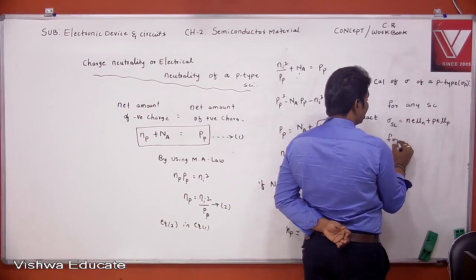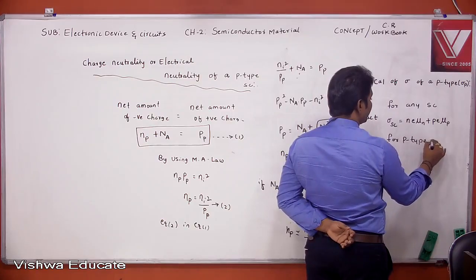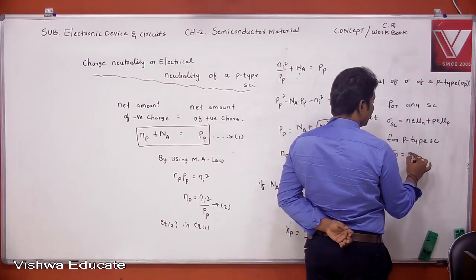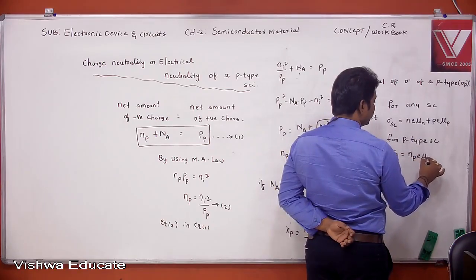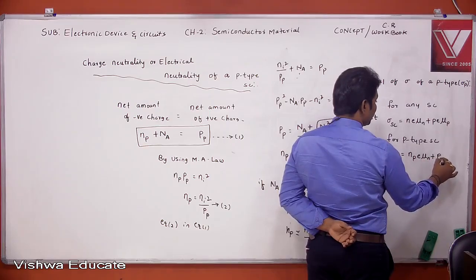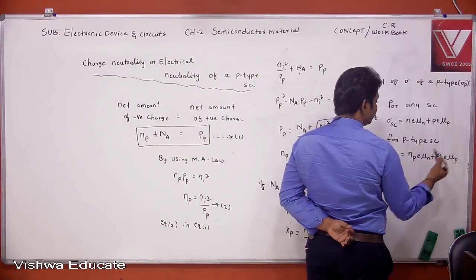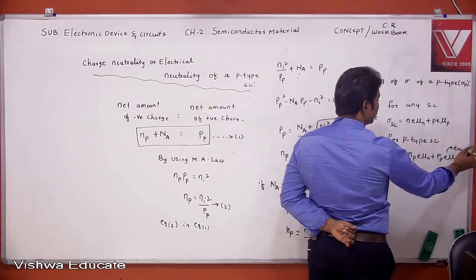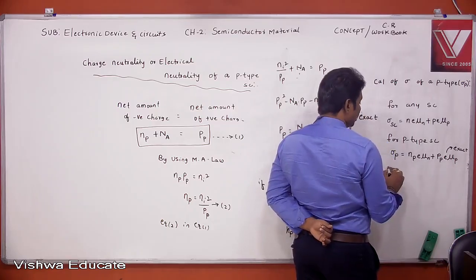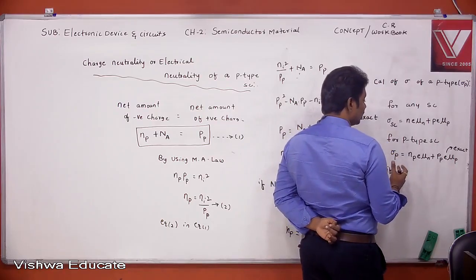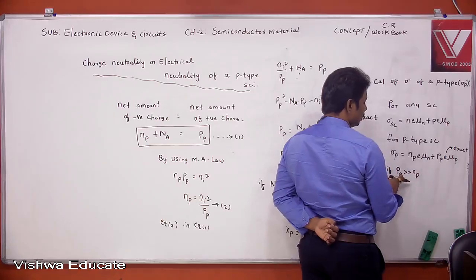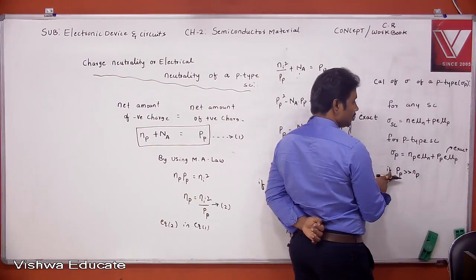Now I define it for a p-type semiconductor. Sigma p equals np into e into mu n plus pp into e into mu p. This is the exact formula for conductivity of a p-type semiconductor. I can also go for approximation, considering the condition that the hole concentration is far greater than the electron concentration, because in a p-type semiconductor the majority carriers are holes and the minority carriers are electrons.